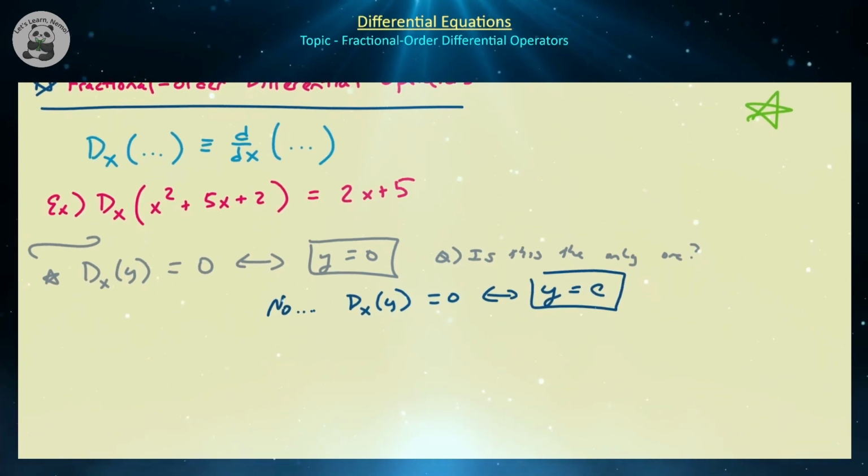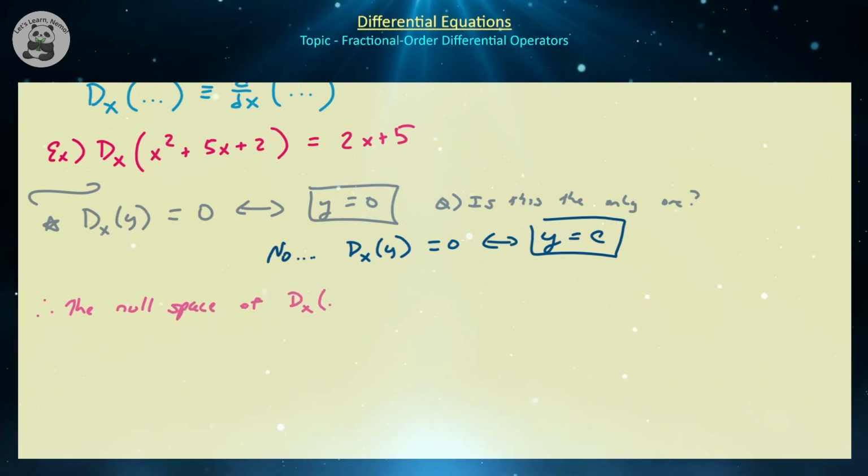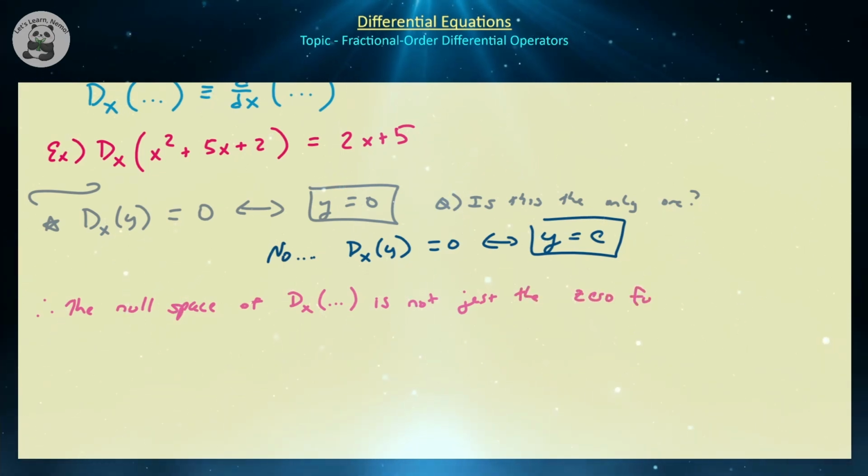So one can view this, at least from the perspective of linear algebra, that the null space of this differential operator, which in some case can be viewed as a matrix, is not just the 0 vector or the 0 function in this case.